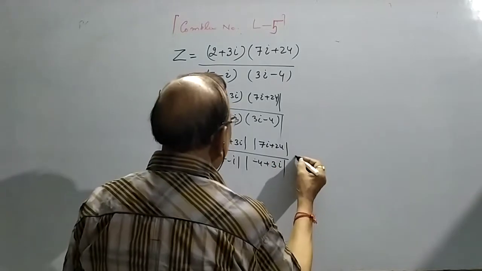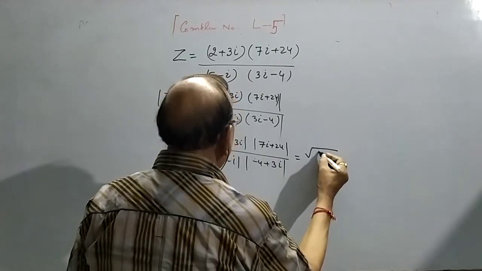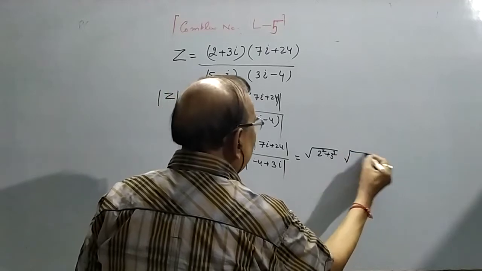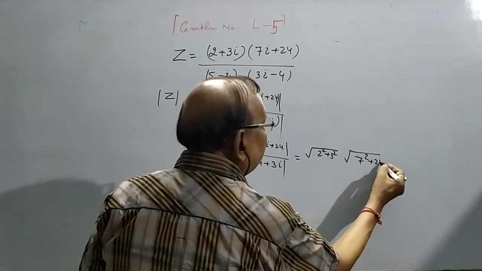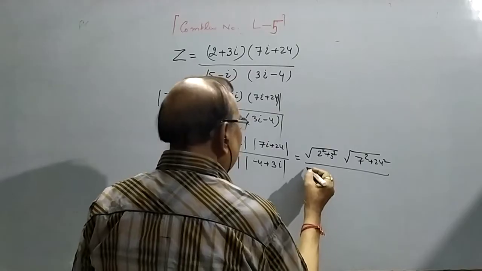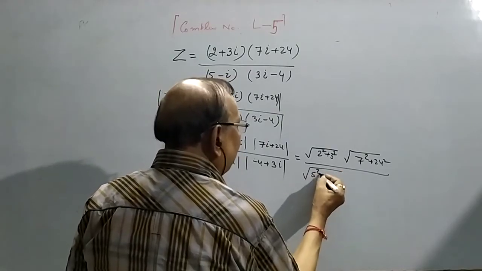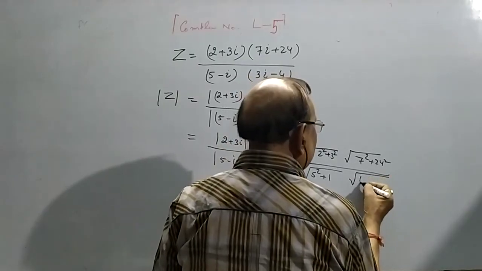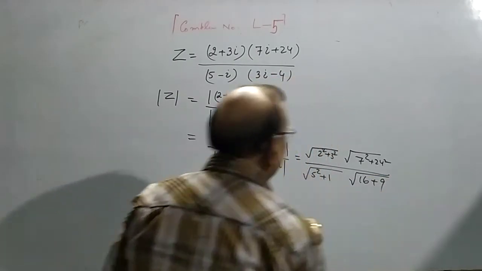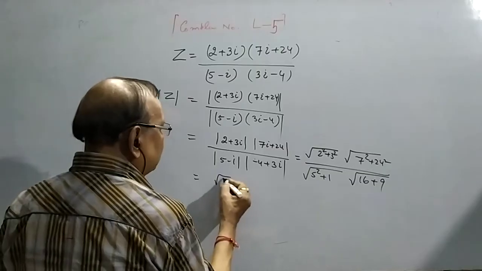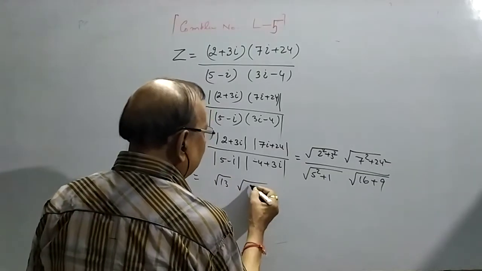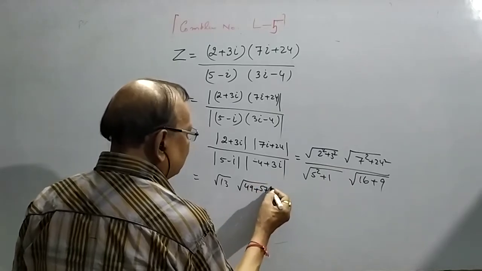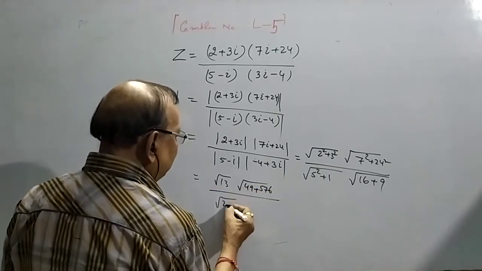and that will be equal to under root 2 square plus 3 square, into under root 7 square plus 24 square, upon under root 5 square plus 1, into under root 16 plus 9. And we are getting under root 13, into under root 49 plus 576, upon under root 26, into 5.